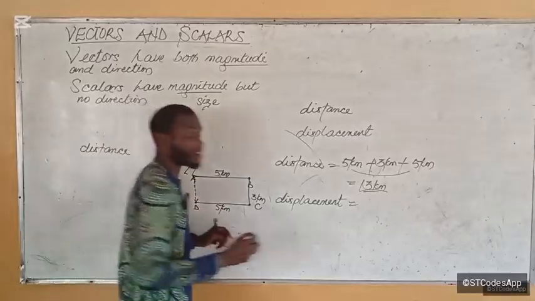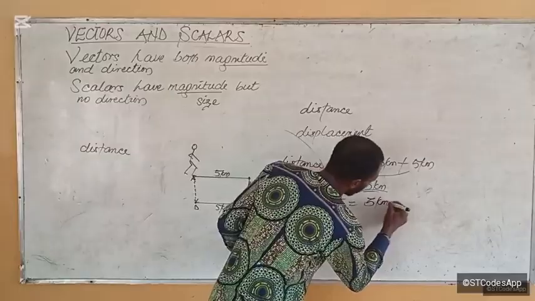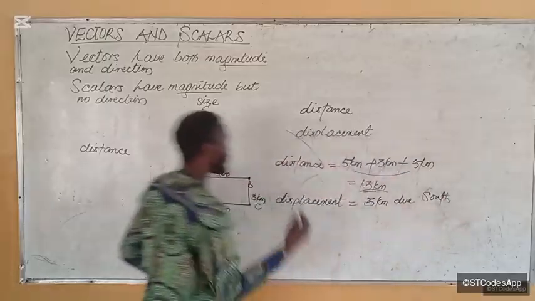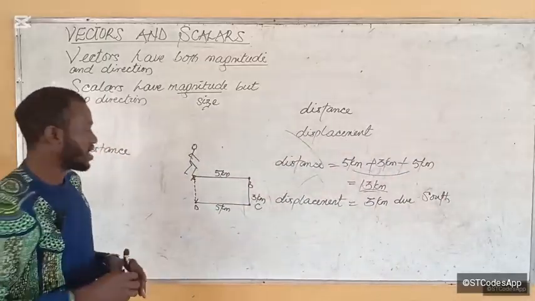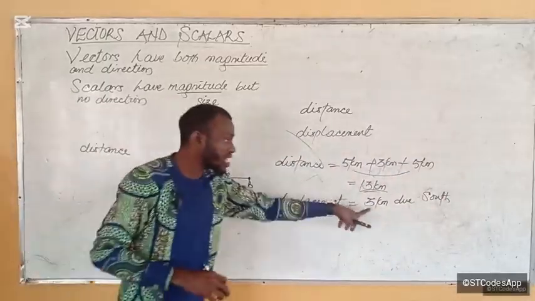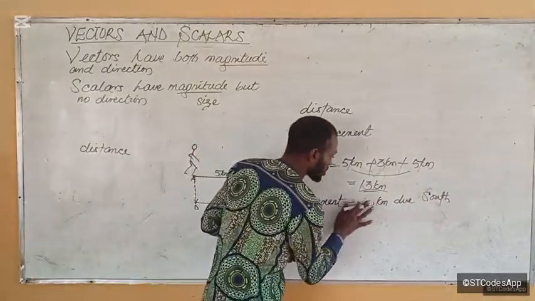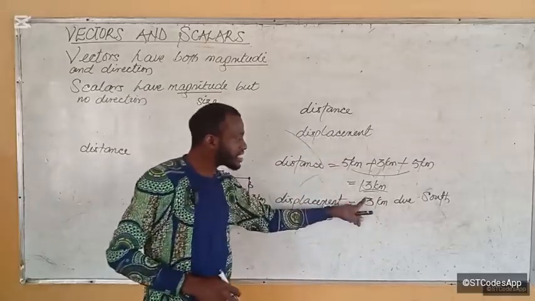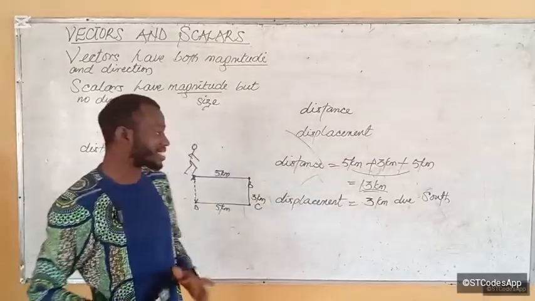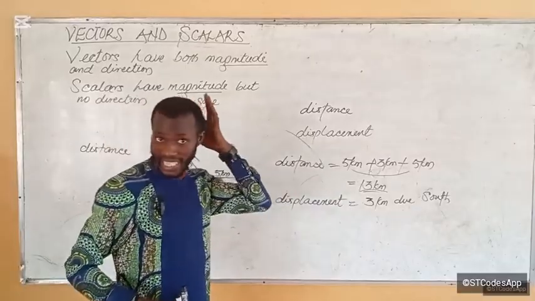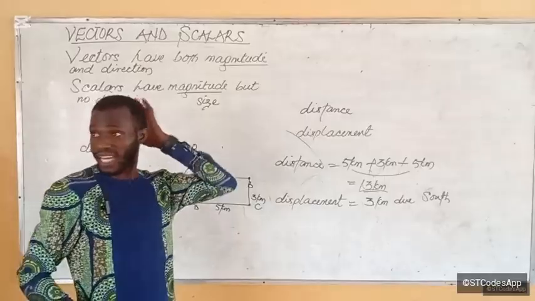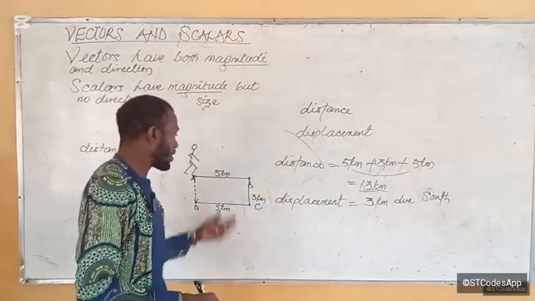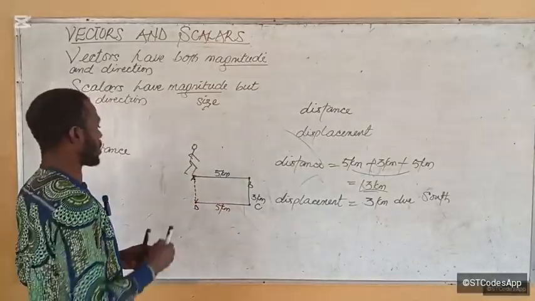So he has only traveled 3 kilometers due south of position A. The displacement of this body is just 3 kilometers, not 13. So you see the magnitude of displacement is different from the magnitude of distance, because in distance we are looking at the entire length of the journey, but in displacement we are looking at just the position.